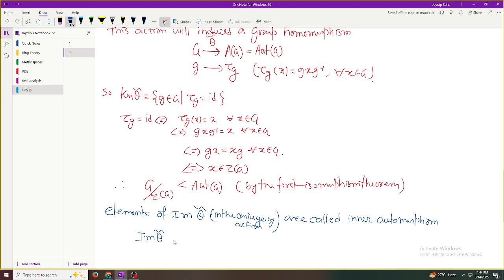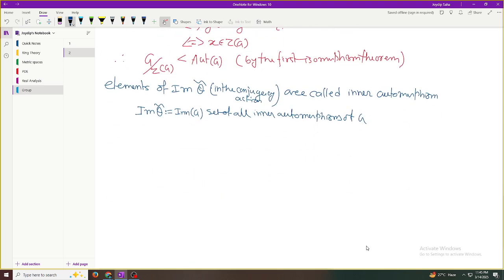It looks like tau_g for all g in G. So G mod Z(G) is isomorphic to Inn G, which is a subgroup of Aut G. Okay.